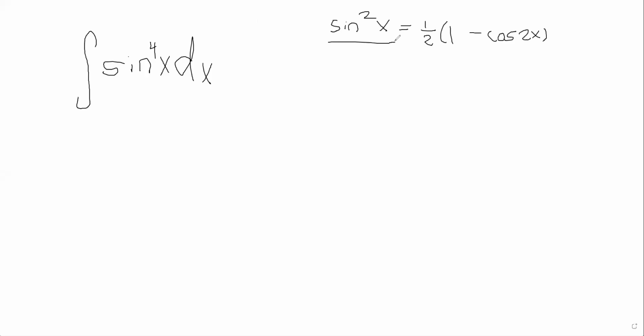If we have this by itself, it's not easy to integrate because of that double power. But if we have something like this, we can integrate it pretty easily using u sub. So it's always in our best interest to break something down from a second power into a first power whenever possible. So I want to rewrite this as sine squared x, to the second.